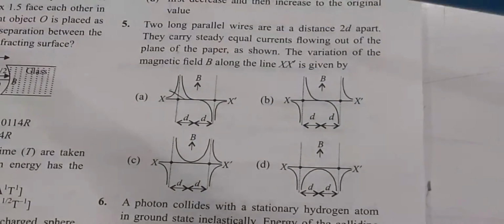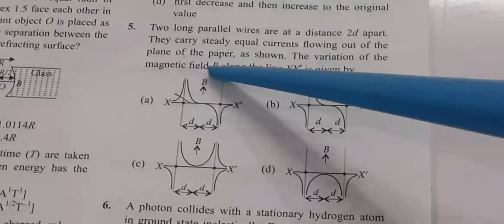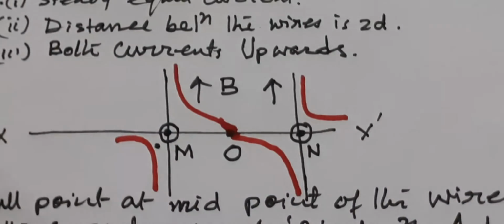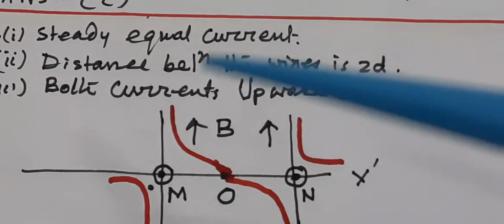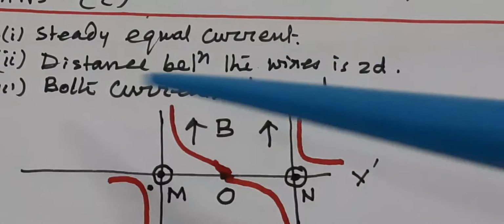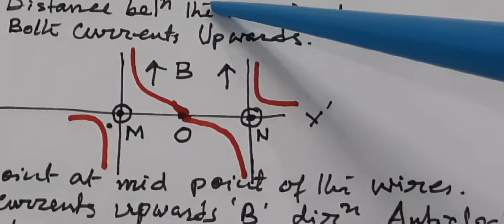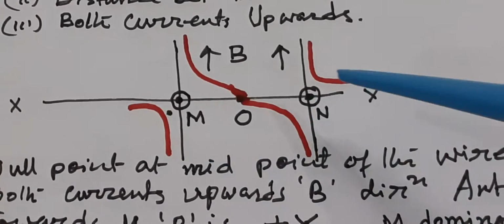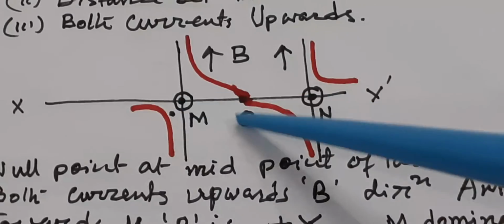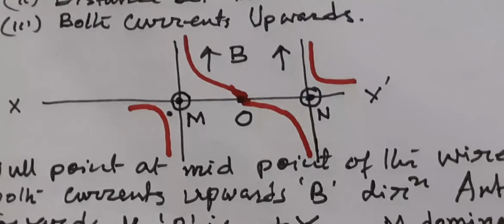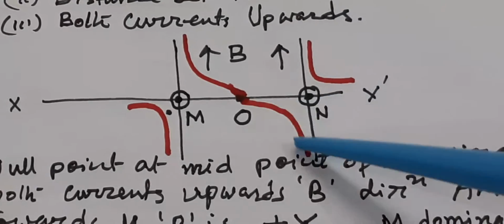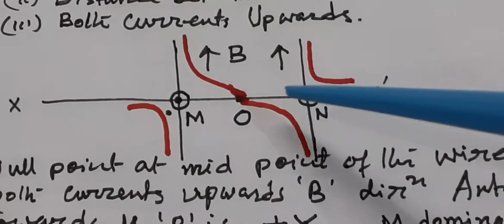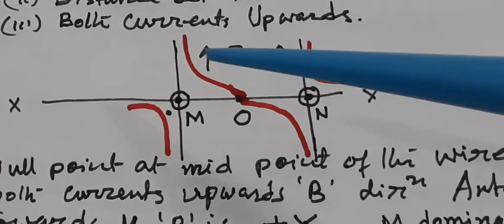Now let us see how we can do this. Here the currents are equal, steady currents. The distance between them is twice d. Both currents are upwards. These are the information. If we are in between, the null point will be available. On this side the magnetic field B will be in the first quadrant and dominate over the other one, and here it will be in the third quadrant and dominate over the other one.